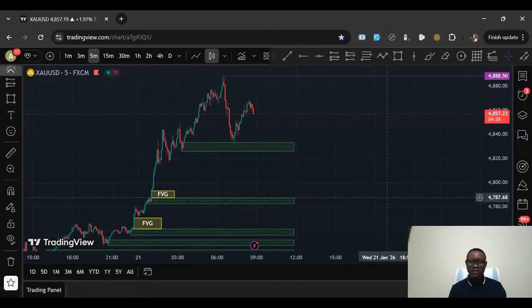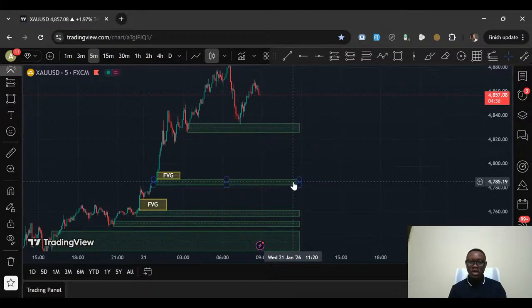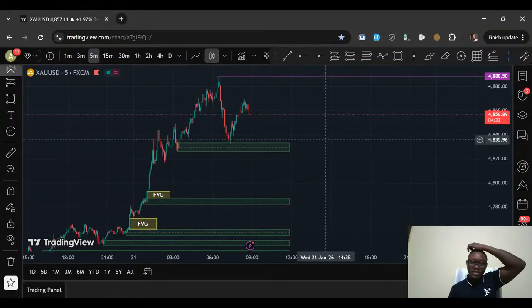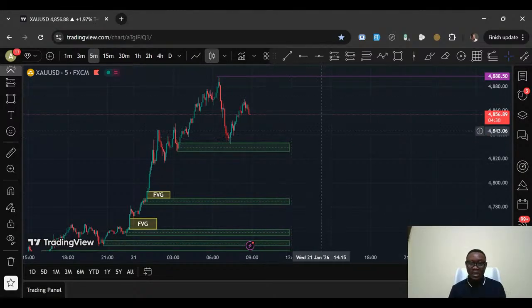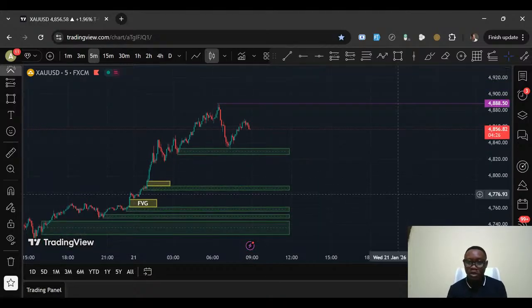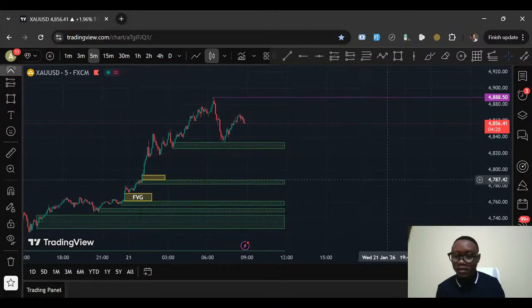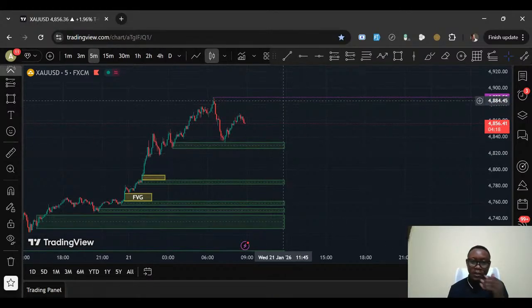If price eventually gets to this zone, I'll be targeting this level or the next supply zone, depending on price action, as my TP. Because we're anticipating that gold is going to hit 5K this week or next.